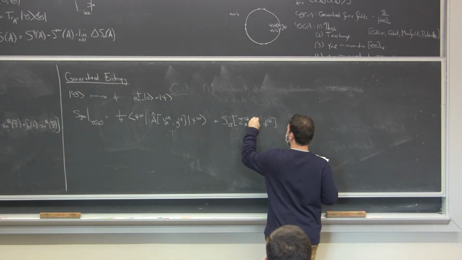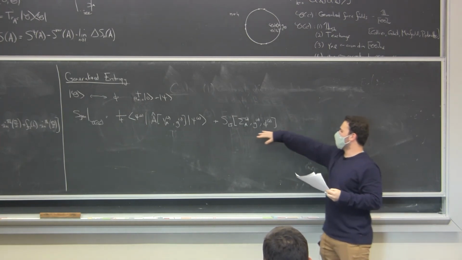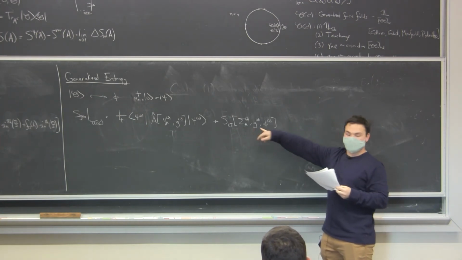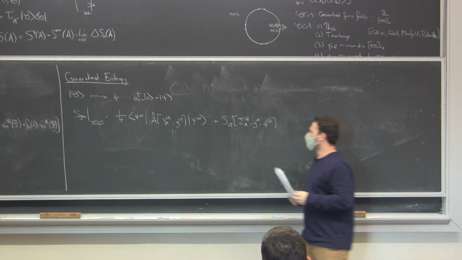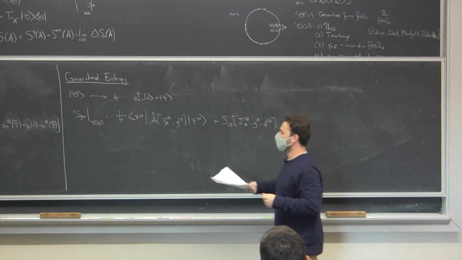Oops, this should be G0. Okay, good. So this is just the bulk entanglement across the classical extremal surface in vacuum AdS. And as I said, this was computed in the paper by Berlin and friends, and it matches the CFT answer to this order.